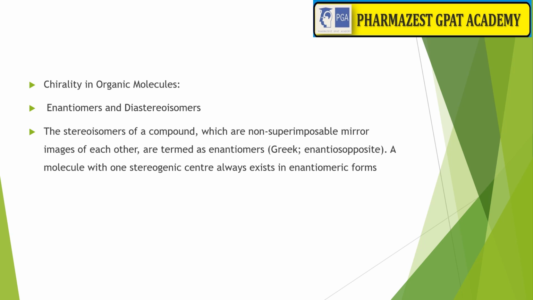Next, coming to chirality in organic molecules, enantiomers and diastereomers. Based on superimposability, there are 2 types of stereoisomers, enantiomers and diastereomers. The stereoisomers of a compound which are non-superimposable mirror images of each other are termed enantiomers.